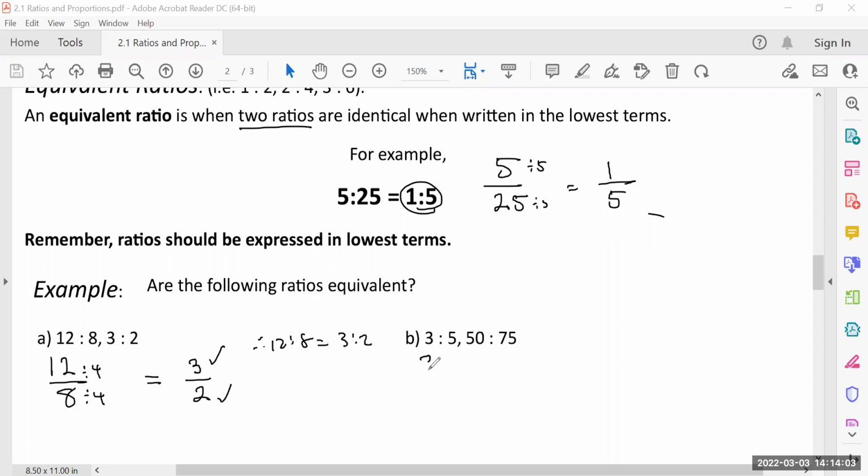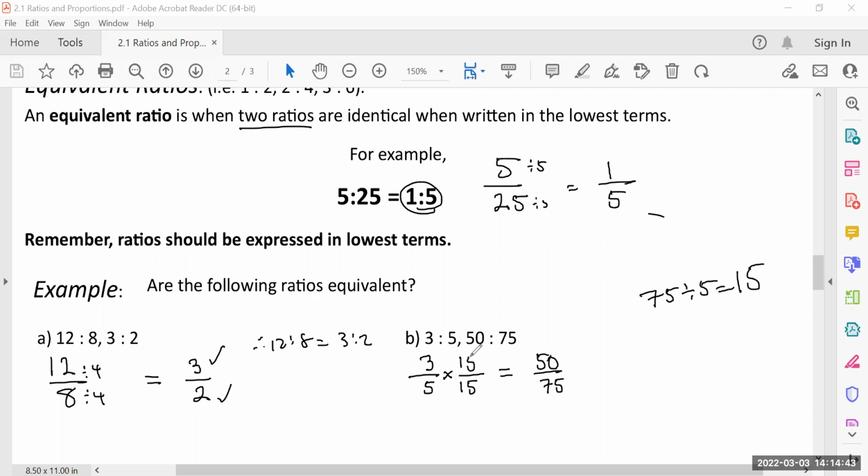Here's a harder one. 3 to 5. Is it equal to 50 to 75? How do you know? Well, let's start. Well, 50 isn't divisible by 3. Well, again, we need to show some proof. What can I multiply to change 5 as a denominator to 75? 5 times 15, right?